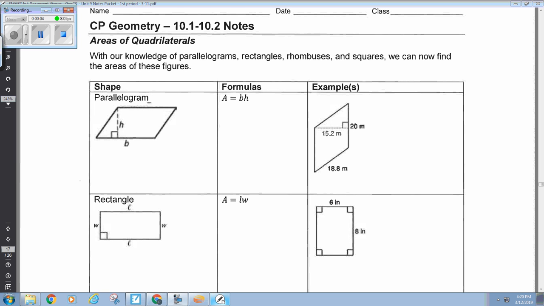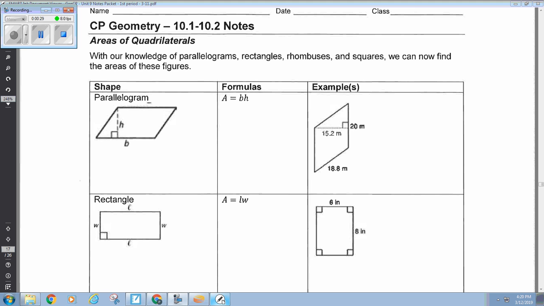Lowe, and I am going to be audio recording this lesson on section 10.1, which is calculating the area of quadrilaterals. We're going to focus on the four shapes that we pretty much studied in this unit, which is parallelograms, rectangles, rhombuses, and squares.